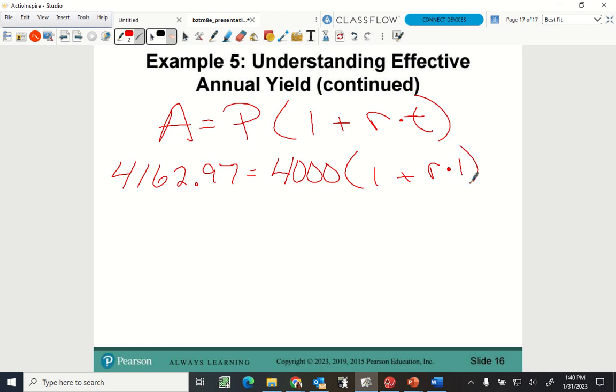So anything times 1 is itself, right? So R times 1 is just going to be R. Thank you. That's what I need. Now, my 4,000 is multiplying over here times the quantity. How do I undo a multiplication? Very good, division. Divide both sides by 4,000.